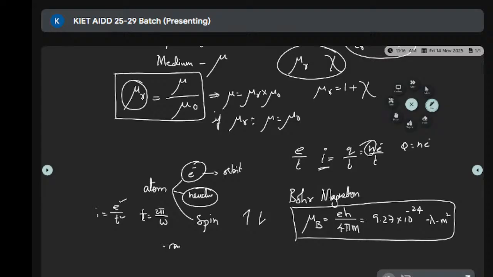Orbital motion: omega is equal to 2 pi n, n is equal to 1. So omega is equal to 2 pi by T, T is equal to 2 pi by omega. From this we are going to get the magnetic moment, the Bohr magneton.